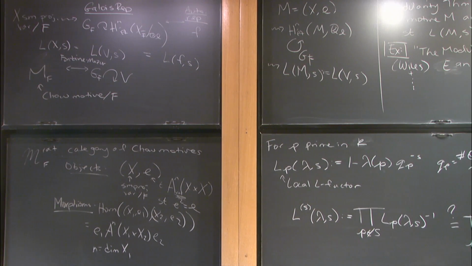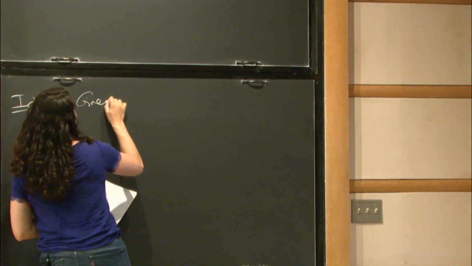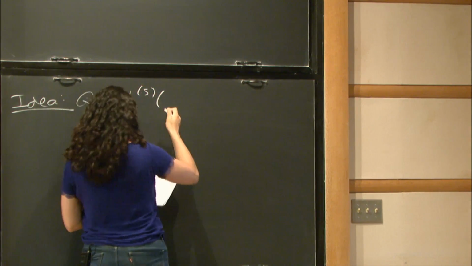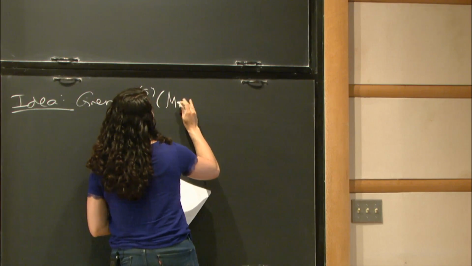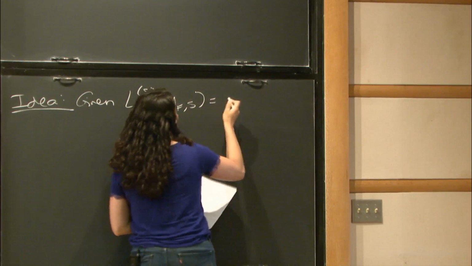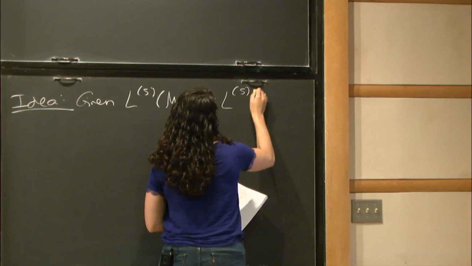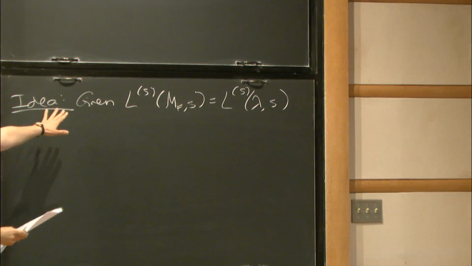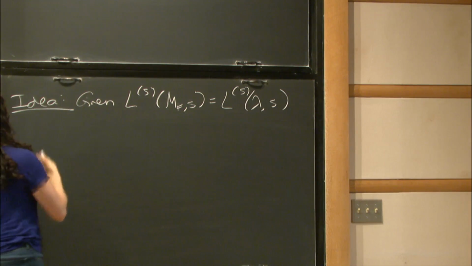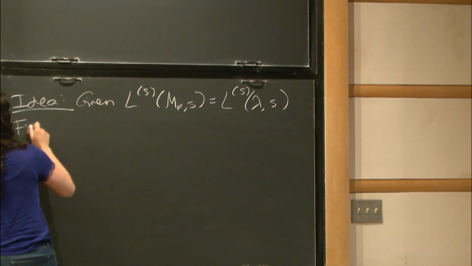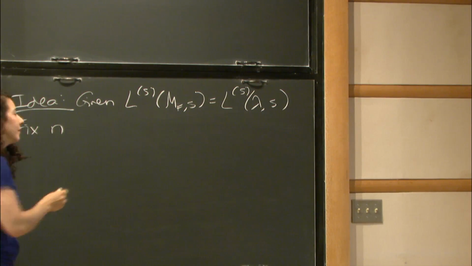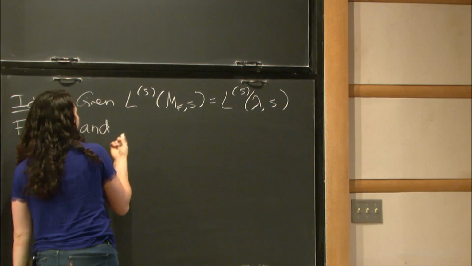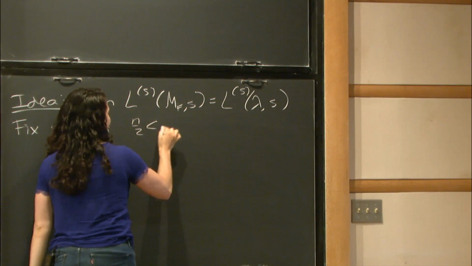Right, so the idea is, okay, suppose you're handed some modularity result. This is the data that you start with. And then let's just pick a number. And actually, we want to pick two numbers.